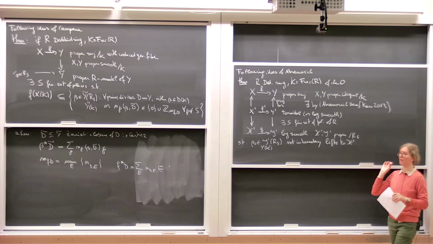There's some arithmetic obstruction that we should always expect to possibly be there, and we have to allow for that.